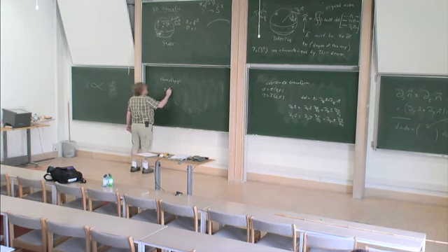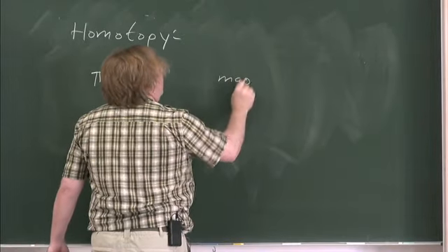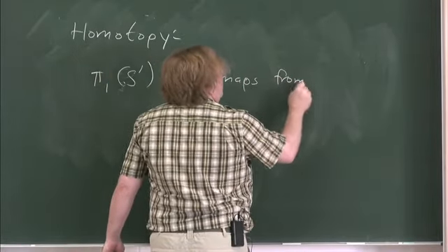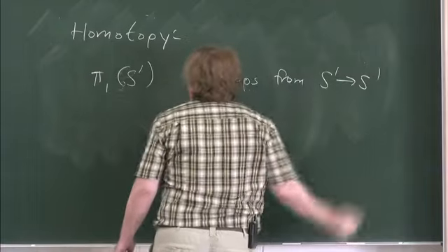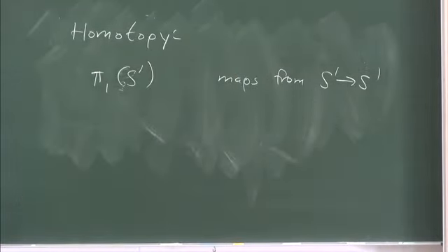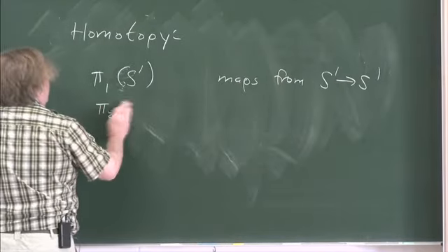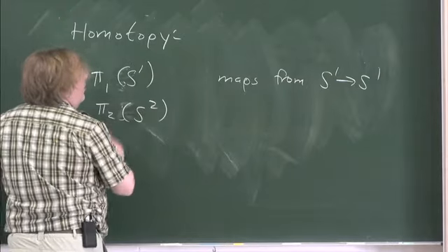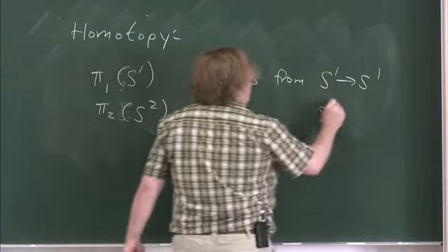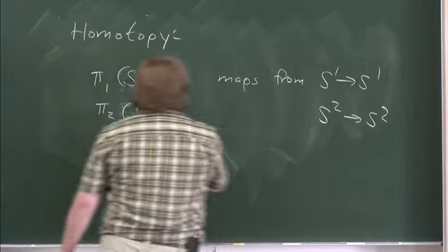I showed you pi 1 of S1. That was maps from S1 to S1. They were characterized by integers. There was pi 2 of S2. Those were maps from S2 to S2. Also integers.